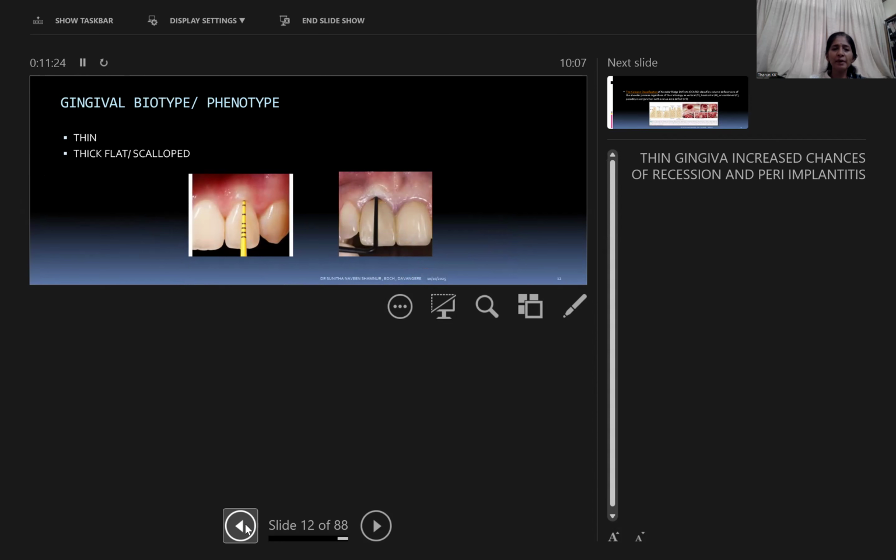Thin gingiva, please remember, is most friable and it cannot bear the abrasive action of either your food or even your brushing techniques. So we need a thick biotype. And when I say the phenotype, thick gingival biotype, with a good amount of the buccal cortical plate is the best thing that you can go ahead with your implant augmentation procedures.